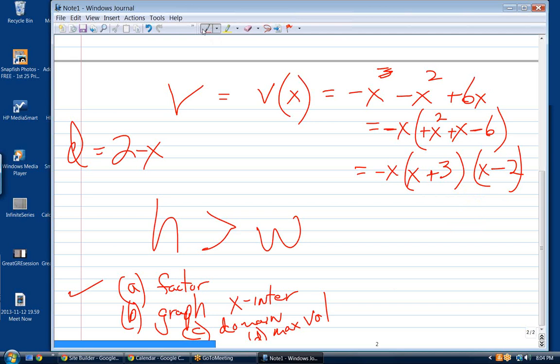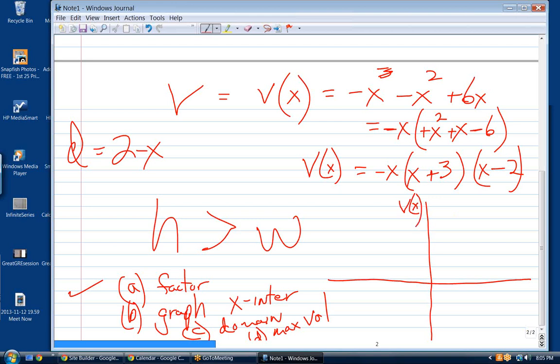And let's see. Graph the x-intercept. Did I get that right? That is v of x, right? Yeah.